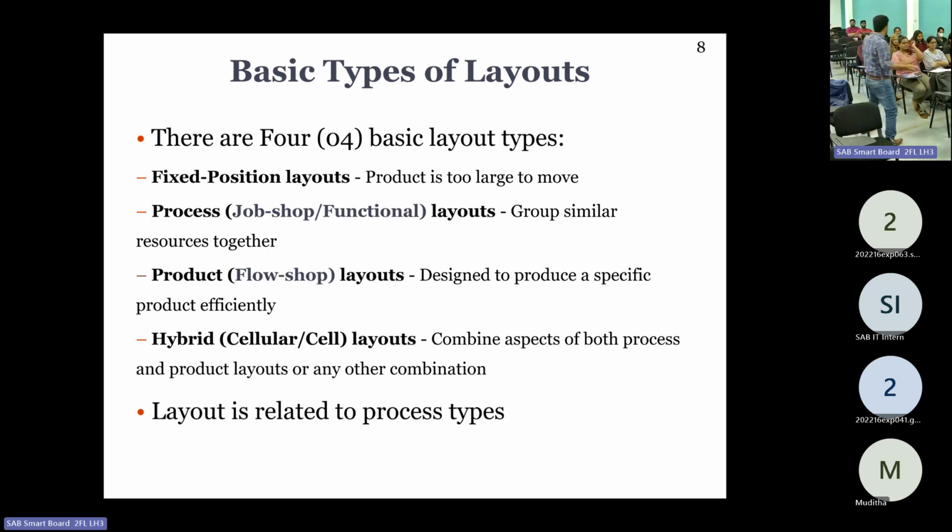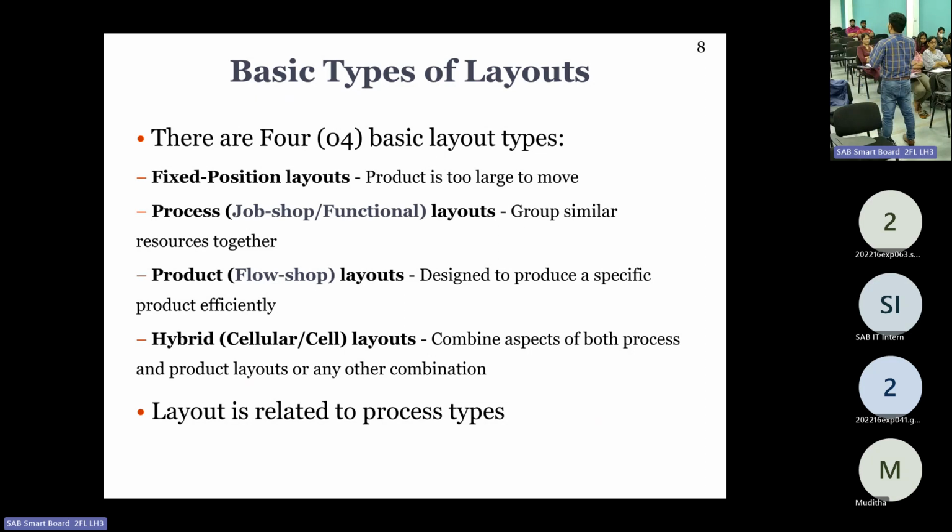And then the fourth one. There is this combination of any other two. We call it hybrid layouts. Let's discuss the main characteristics of them, how the cell layouts or cellular layouts, hybrid layouts operate. So what are the four types of layouts there? Fixed position, with unique characteristics you should know.